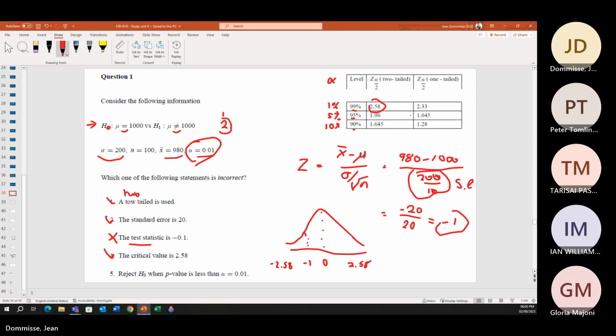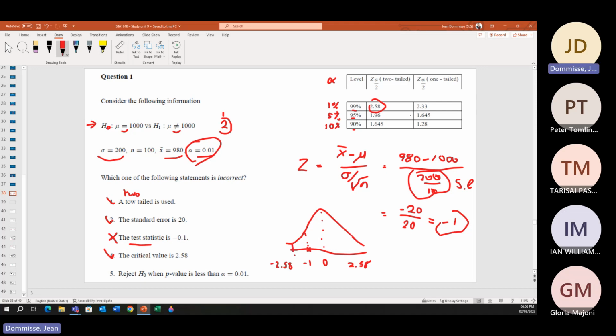But now let's look at this. The last option that they tell us is reject the null hypothesis when your p-value is less than alpha equal to 0.01. Okay, so that is what we've calculated as your critical value.